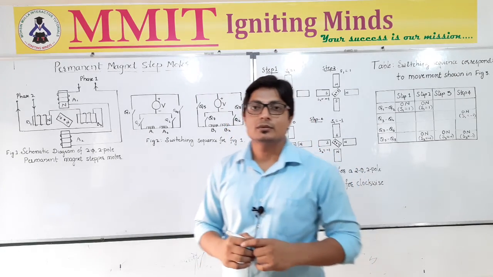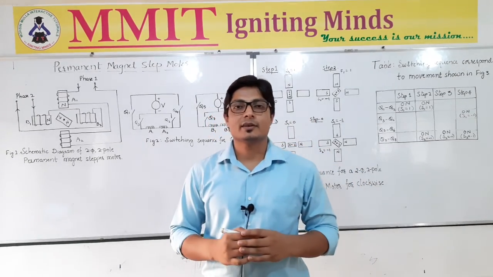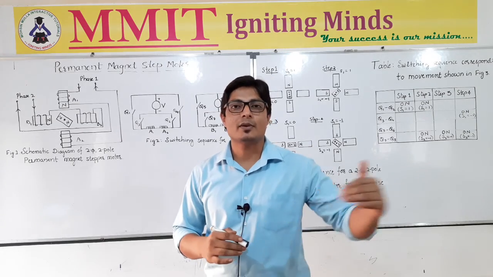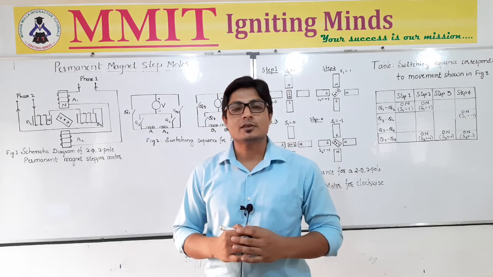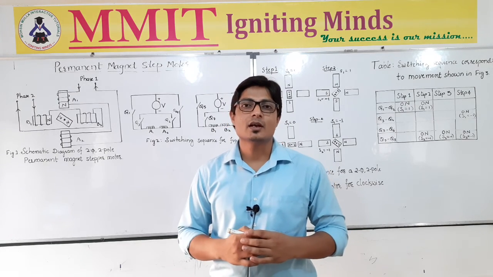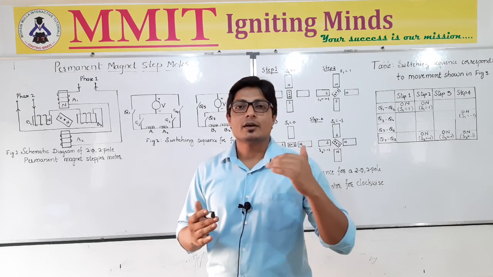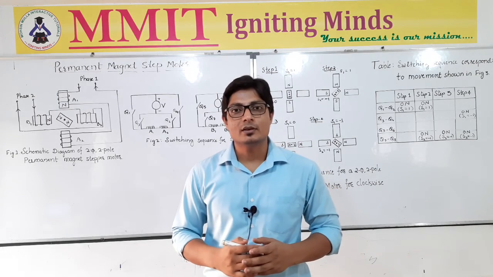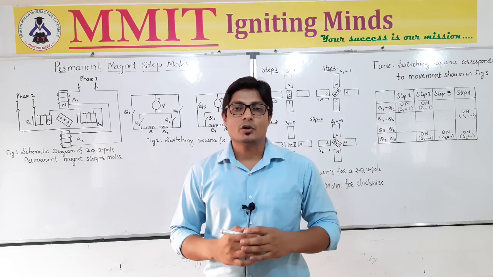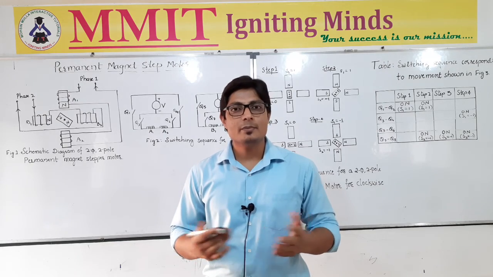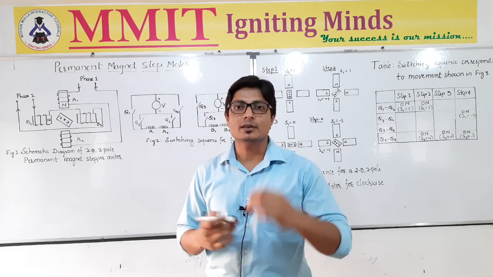But a stepper motor usually operates in discrete steps depending upon the applied discrete signal. This discrete nature of the stepper motor makes it very suitable for interfacing with the computer, as well as computer control of the motor, because the computer operates on discrete signals, or you can say digital signals.